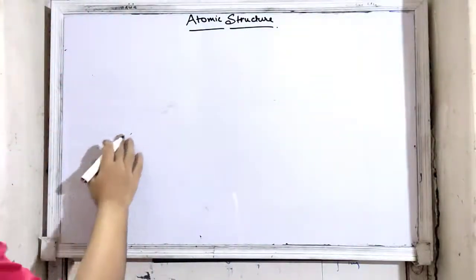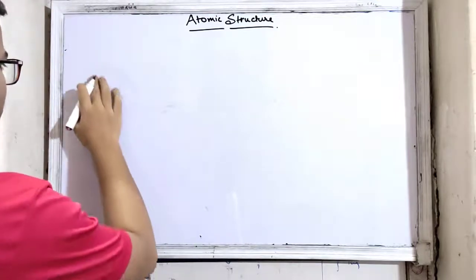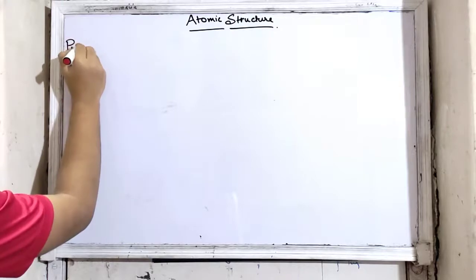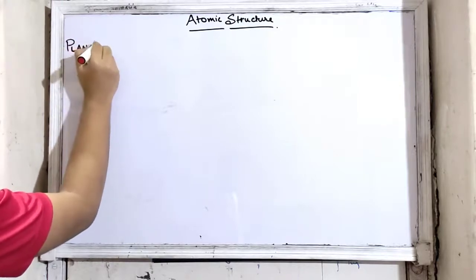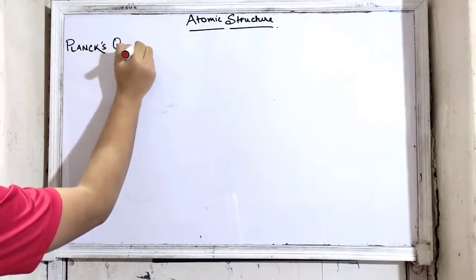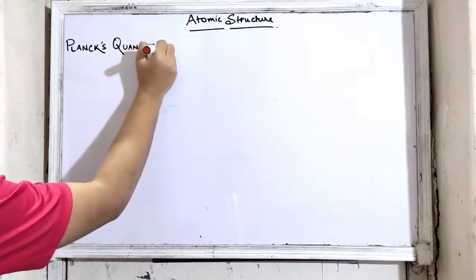Okay, now we next come to a topic which is called Planck's quantum theory, which was given by Max Planck. So let's see what the formulas in it are. Let's write over here, give heading Planck's quantum theory.